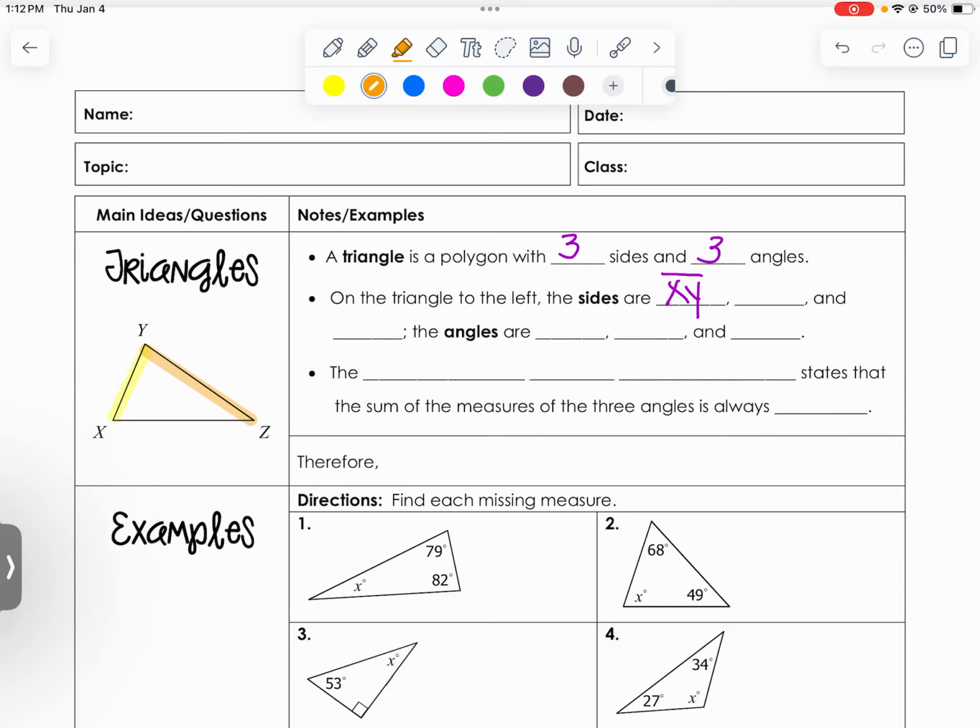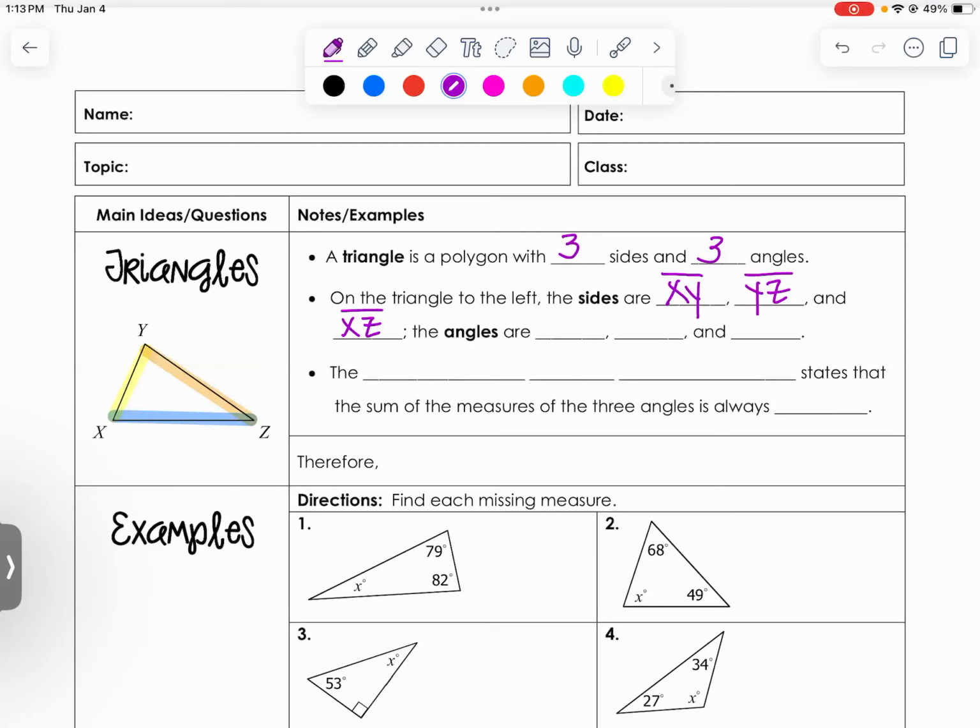YZ. And last but not least, what are we going to call this one? Thank you for saying both, because it actually doesn't matter which one comes first. I called this XZ. If you called it ZX, that would be okay, because it would mean the same thing.